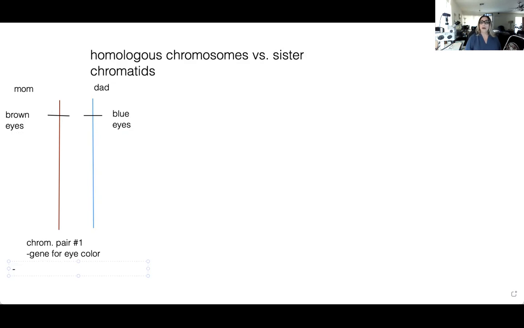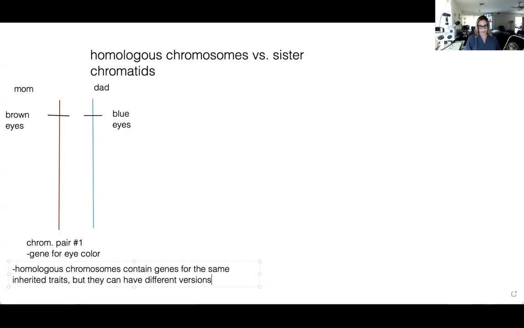Okay, so here's the definition I want you to remember for homologous chromosomes. So homologous chromosomes contain genes for the same inherited traits like eye color. Let me spread this out a little. For the same inherited traits, but they can have different versions of the gene, and we call these alleles.